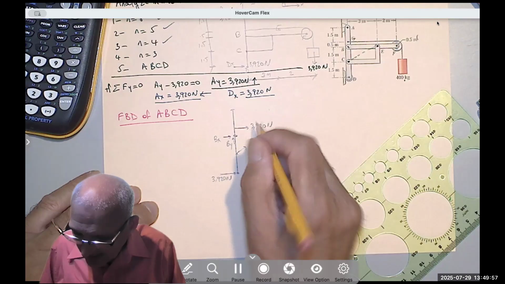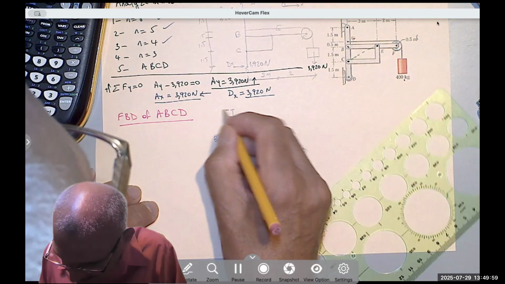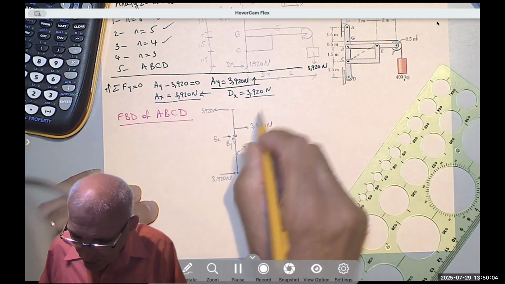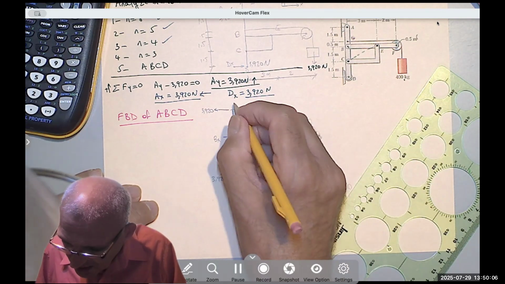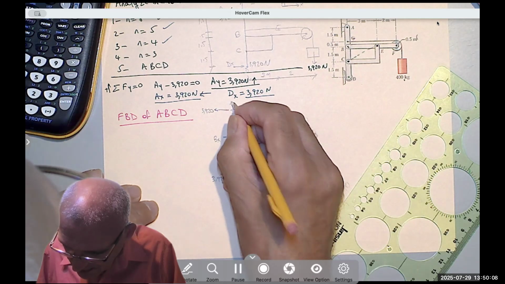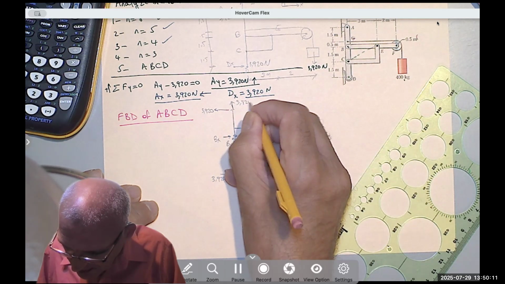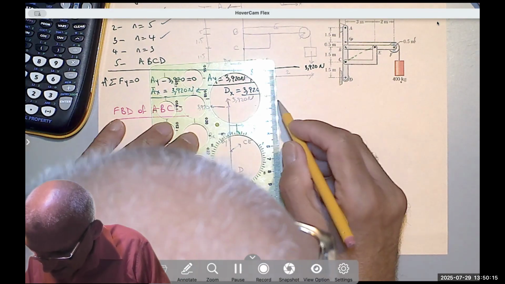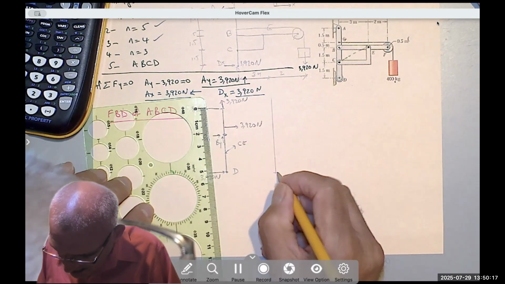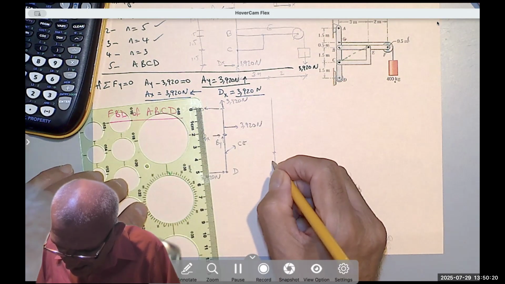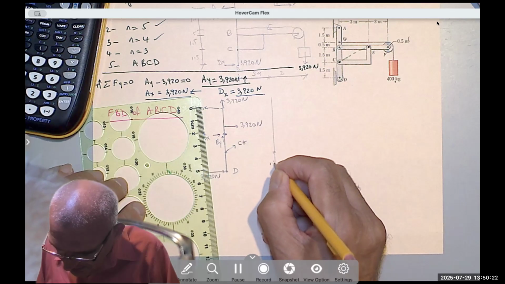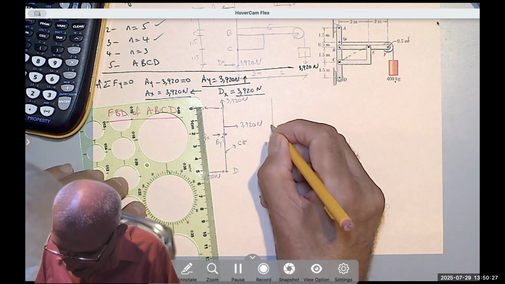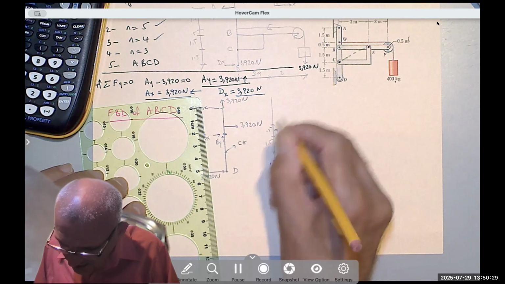And then at the top, Ax and Ay, there is 3920 to the left and 3920 going up. Here are the distances. 1.5 meter, 1.5 meter, 0.5 meter.